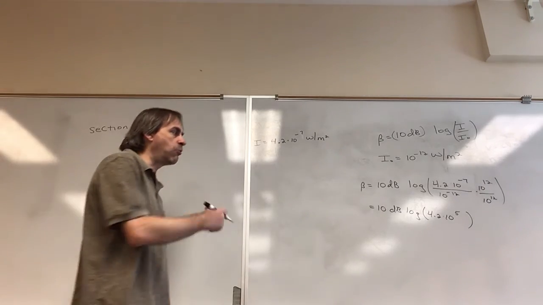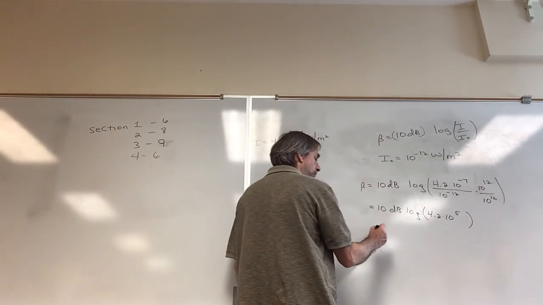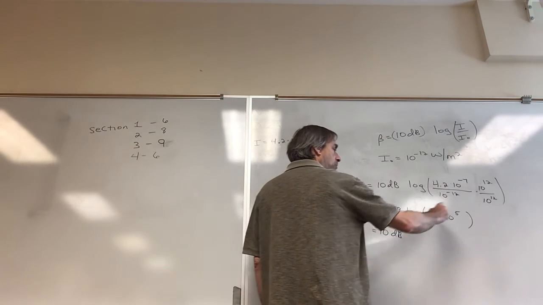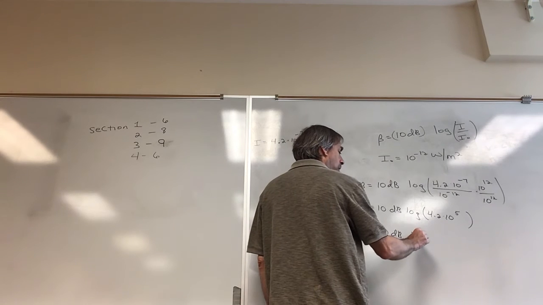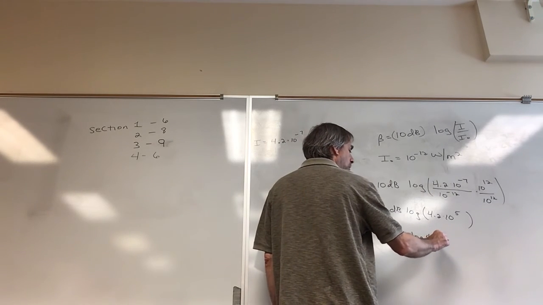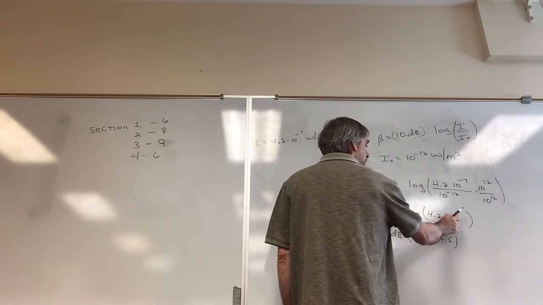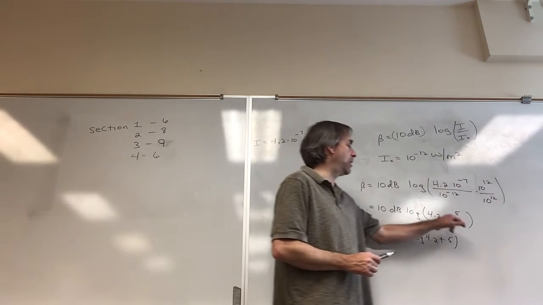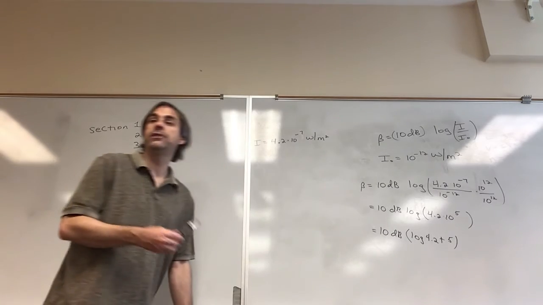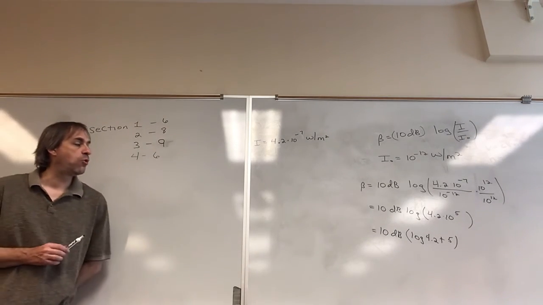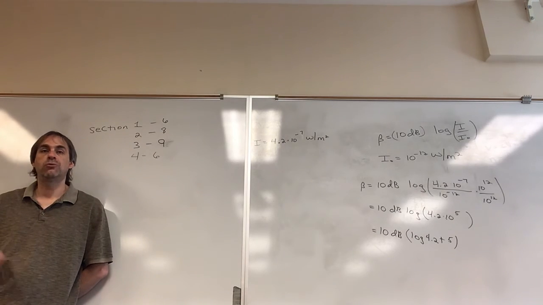And again, I would do one more step algebraically. Because this logarithm, you could write as logarithm of 4.2 plus log of 10 to the 5th, but log of 10 to the 5th is 5. So what is the logarithm of 4.2? Like 0.6 or something?